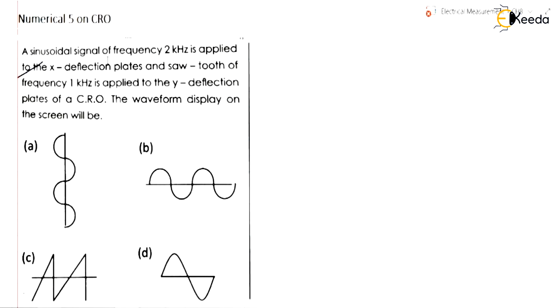A sinusoidal signal of frequency 2 kilohertz is applied to the X deflection plate, and a sawtooth of frequency 1 kilohertz is applied to the Y deflection plate. So sawtooth is applied to the Y plate, and sinusoidal to the X plate. Here to the horizontal plate they have applied the sinusoidal, which means the signal will be like this.